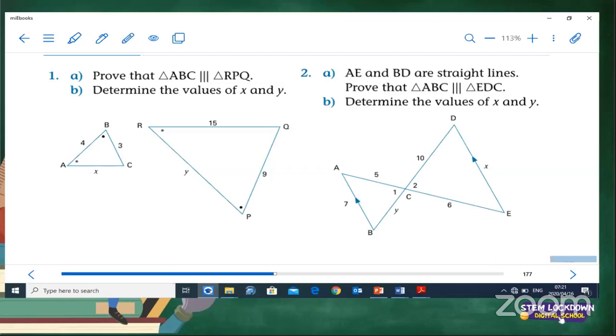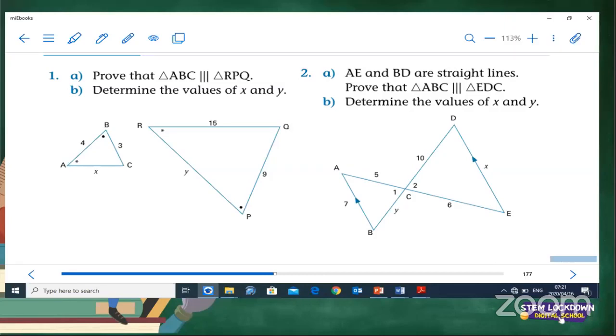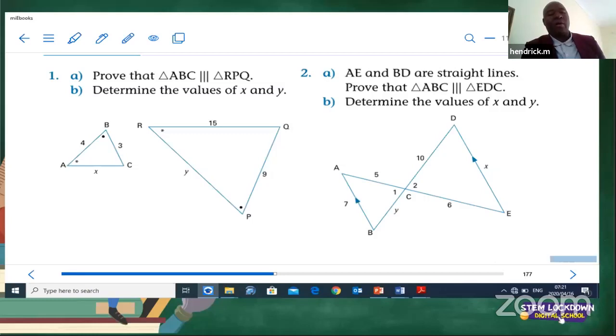So in triangle ABC, AB is 4, BC is 3. So that means AC will be 5. Okay. So both of the triangles are similar because all of the lengths are multiplied by 3.